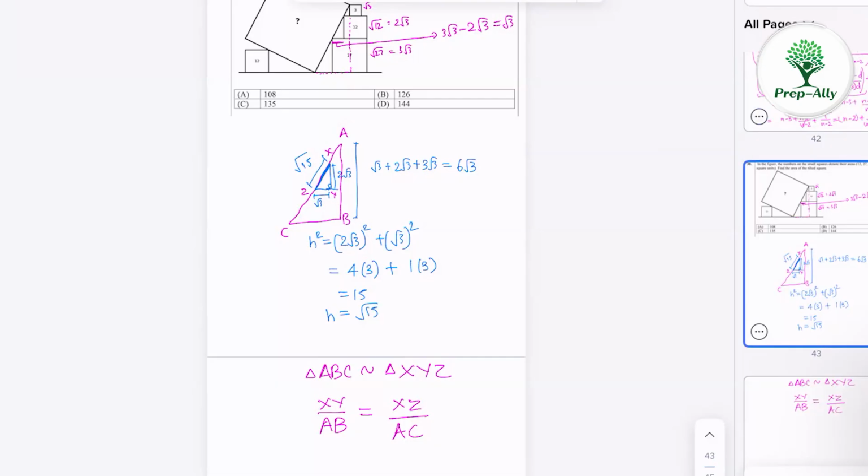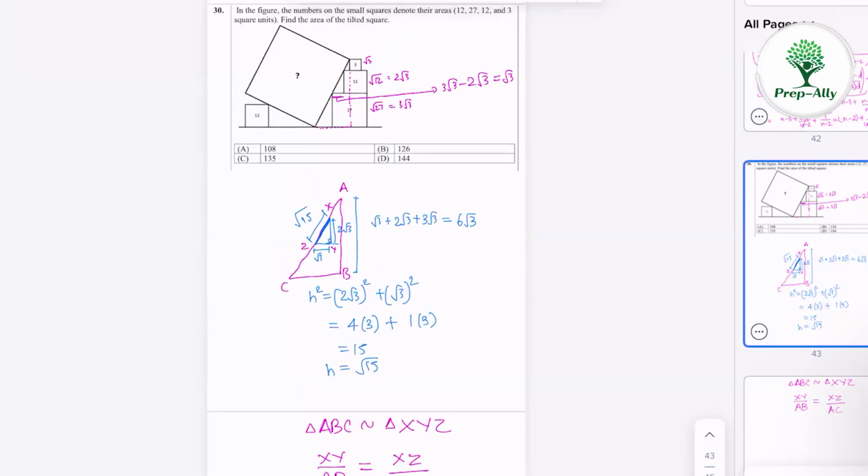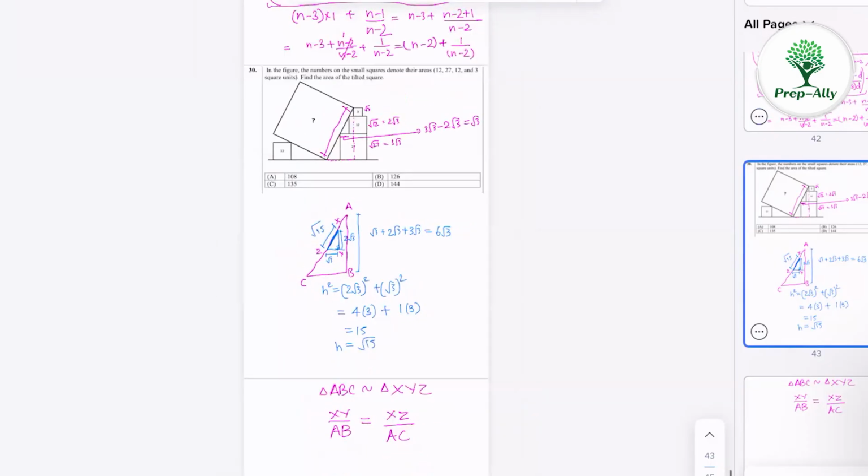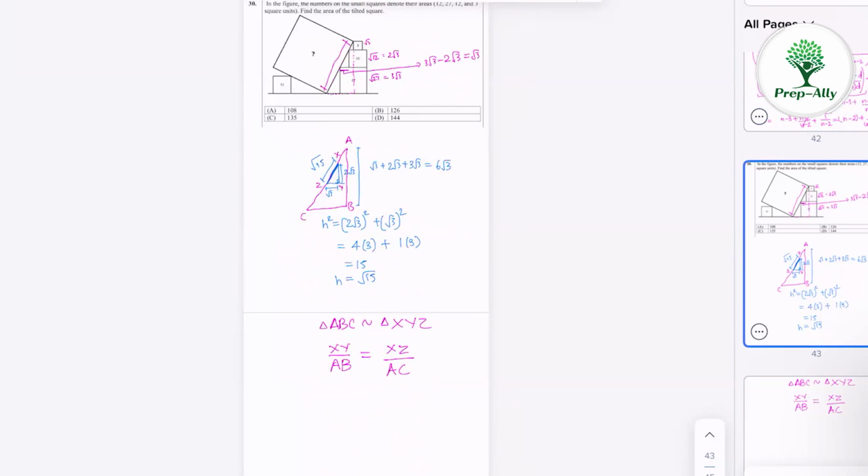And AC is the side of the square. So once we find the side of the square, we can find the area of the square. So what is XY? XY is 2 root 3. Or first let's rearrange this. So AC is equal to XZ into AB by XY.